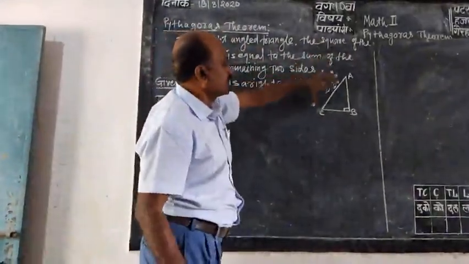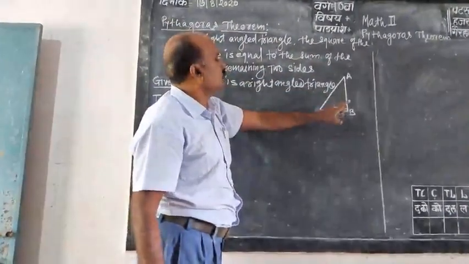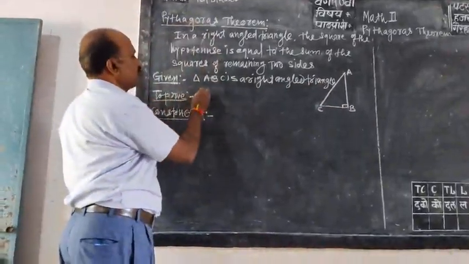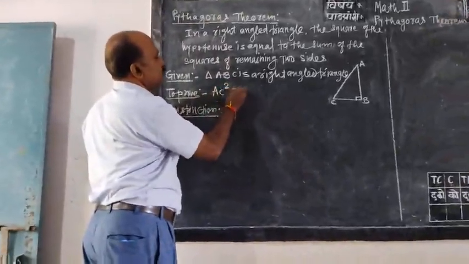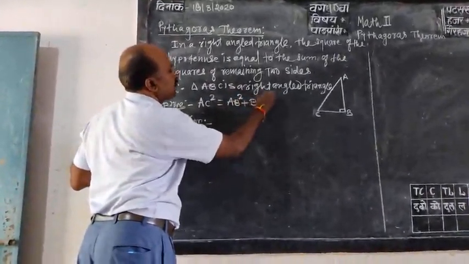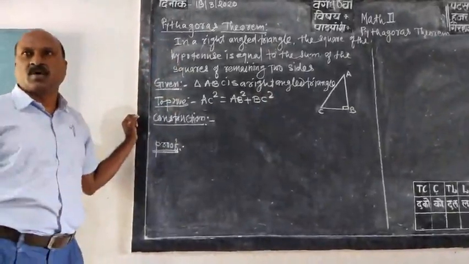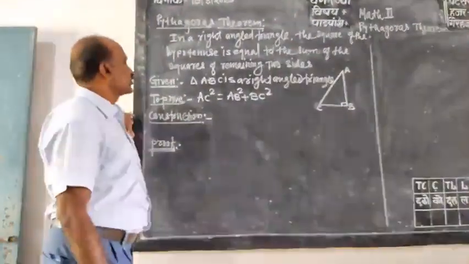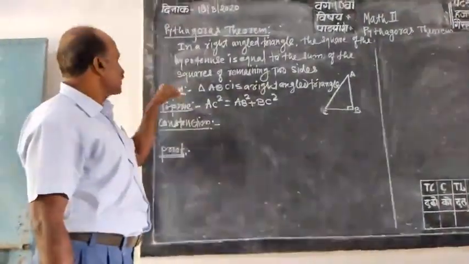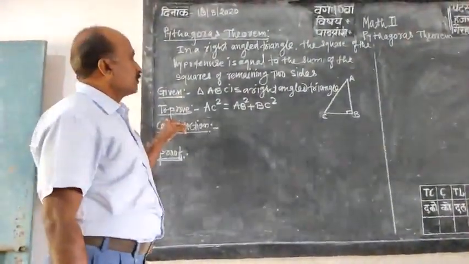Here is the hypotenuse. This is a 90-degree angle, so the side opposite to 90 degrees is the hypotenuse. So AC square. To prove, what do we have to prove? AC square is equal to AB square plus BC square. In this way, the first two parts, given and to prove, are complete.